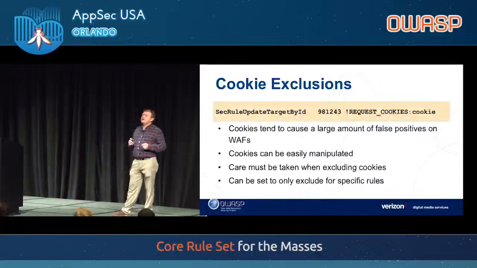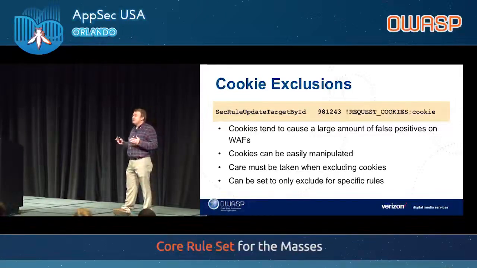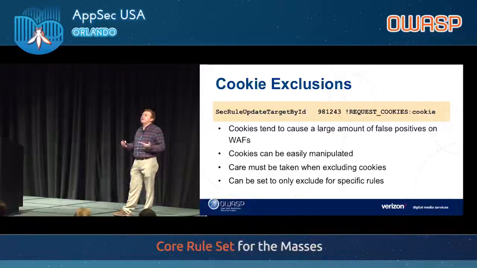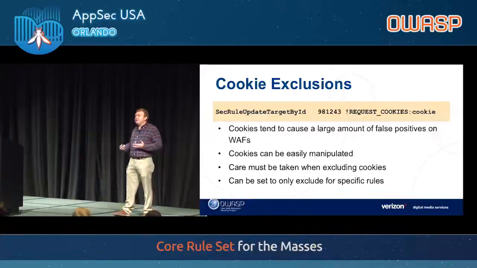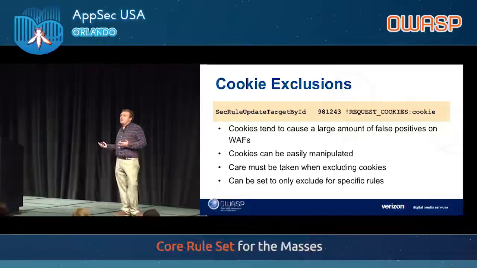Cookies are a big problem for anyone that's ever worked with a WAF. Cookies get flagged constantly. You have to take a bit of care with whitelisting those as well, only because there are situations where a cookie could be manipulated in a bad way. However, in the day-to-day attacks that you see, that would be quite a targeted attack.